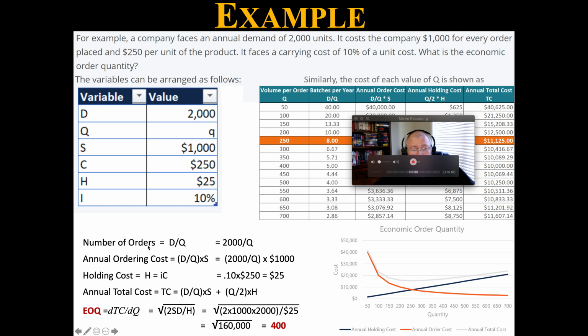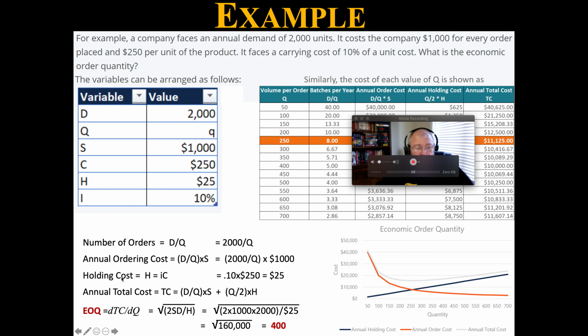So let's see. We know what the total number of orders we have per year are. It happens to be demand divided by Q. So that's going to be 2,000 divided by Q. We'll figure out how many that is in a minute. What's your annual ordering cost? D divided by Q times S. That'll be 2,000 divided by Q times 1,000.